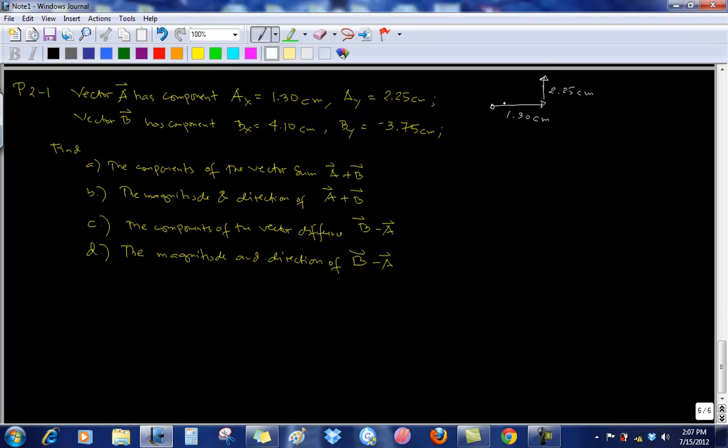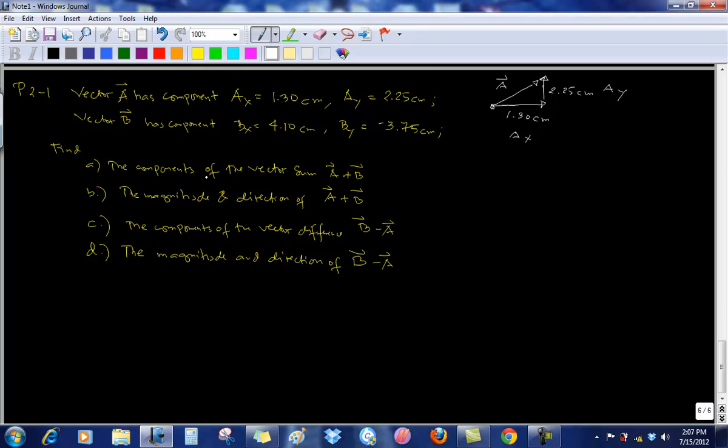Vector A is the combination of these, drawn from the initial tail to the final head. This is what we call vector A, the graphical representation with its X component and Y component.